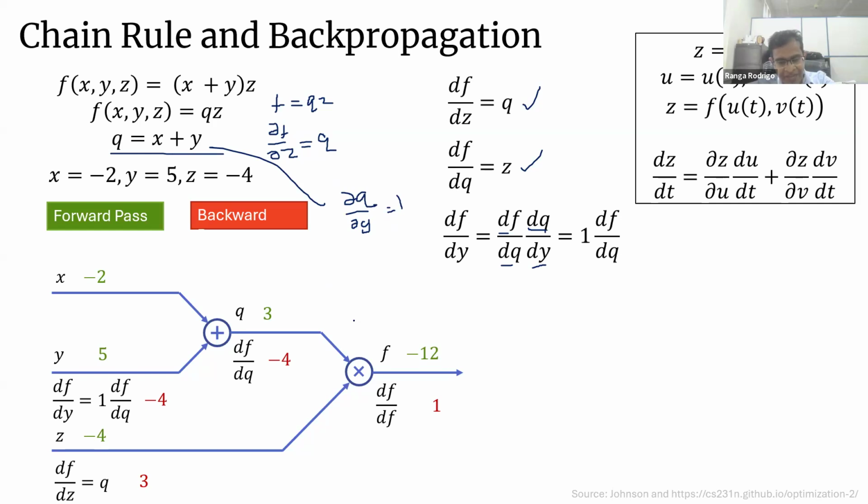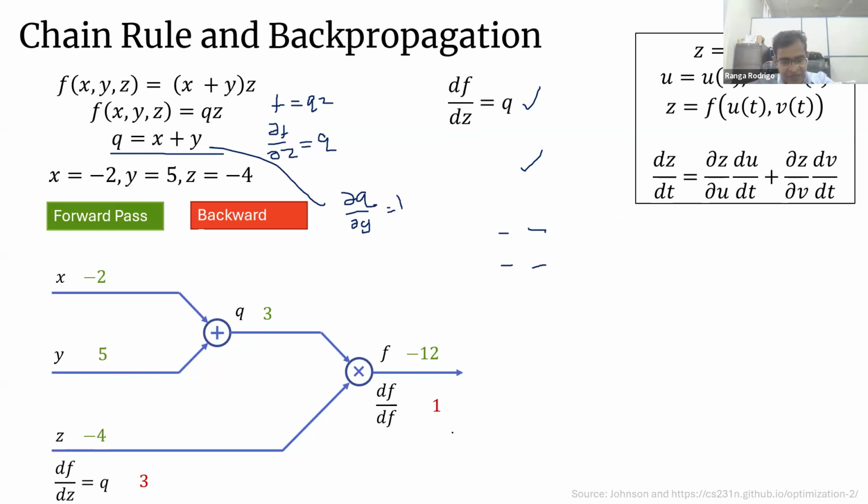Okay, let's compute that. So this is 1, and with this one, because we have this as q, df by dz, we can put q's value, 3, so that goes there. Then df by dq, we found that df by dq is z, so z's value right now is -4. So for df by dq, we get -4 there.